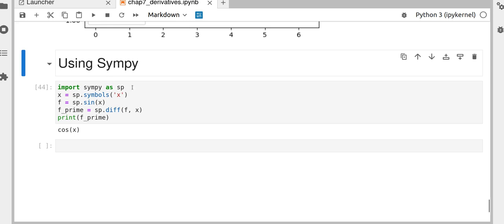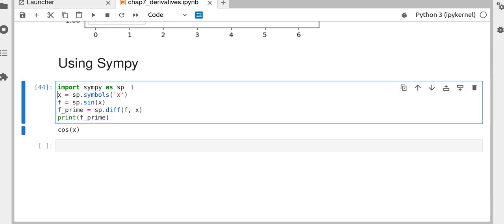But just for completeness, I will show a simple example of how to use SymPy to find the derivative of a function. So let's import SymPy as sp. The x, the variable I want to differentiate with respect to, we'll first have to put in symbol form.